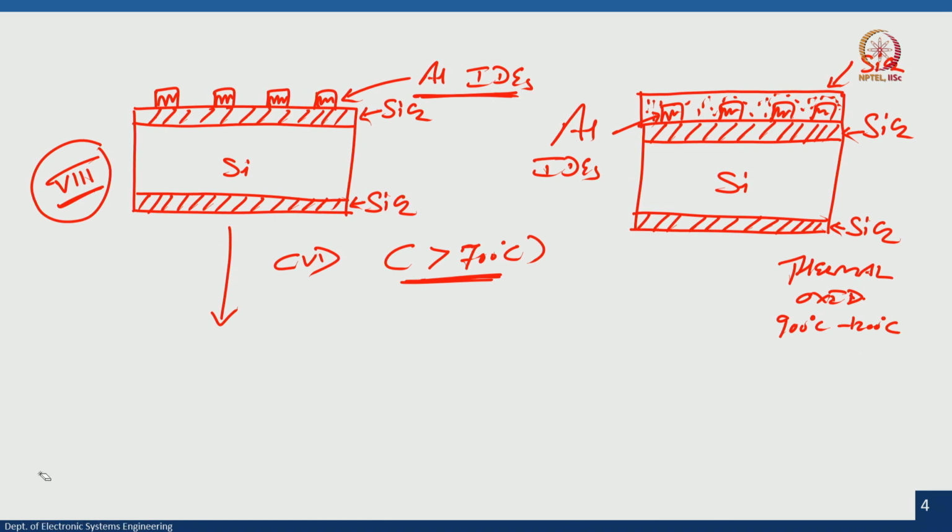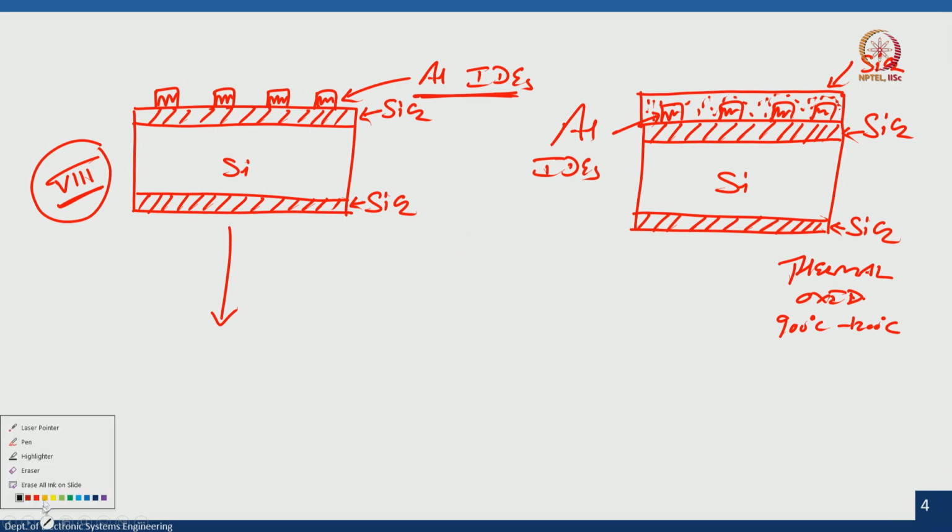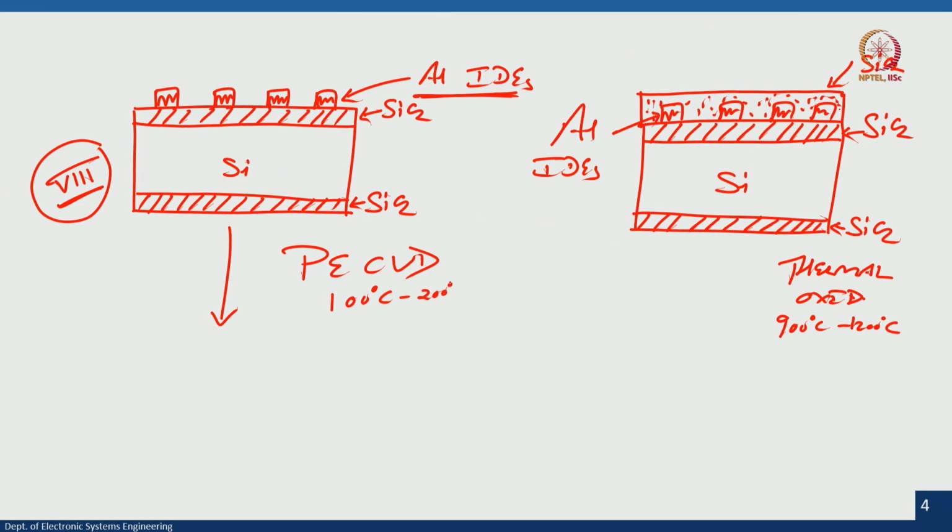So, what are the alternatives? One alternative is you can go for sputtering, and second alternative is you can use PECVD, plasma enhanced chemical vapor deposition, because PECVD can be used at 100 degree centigrade to 200 degree centigrade, and this temperature will not affect the aluminum interdigitated electrodes.